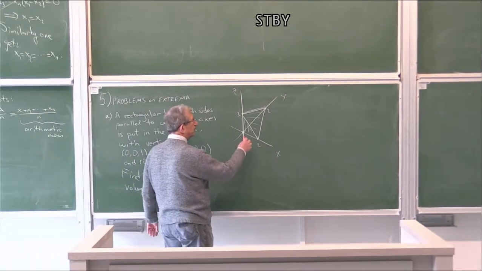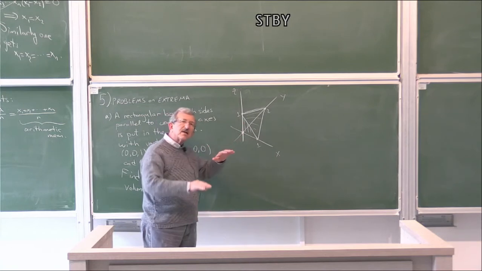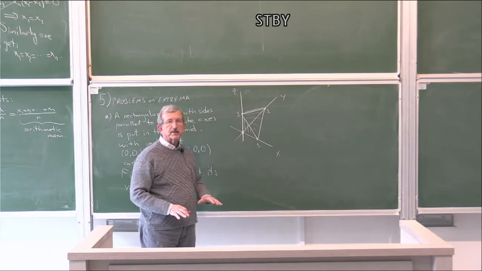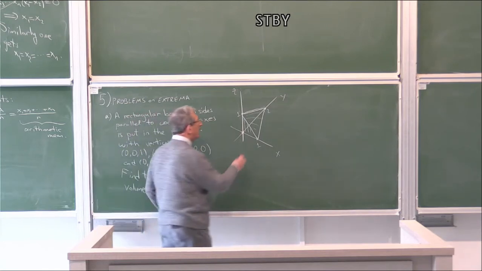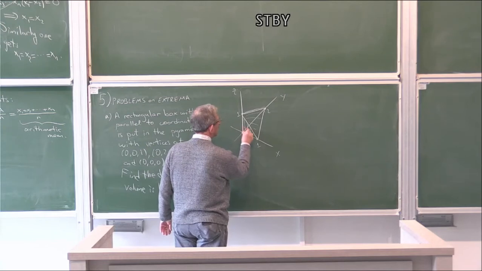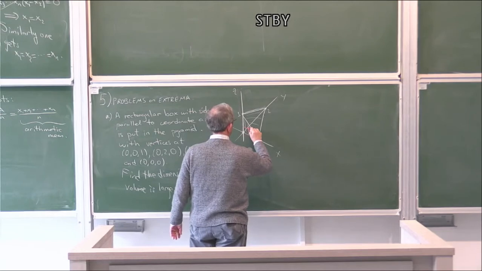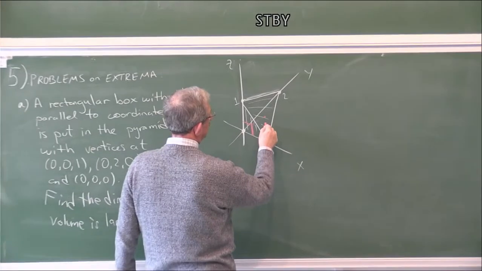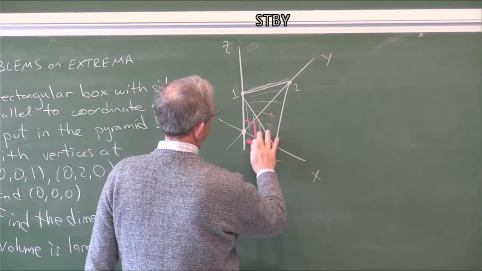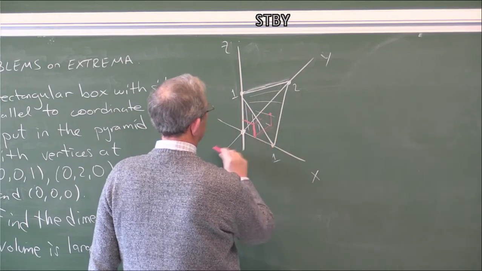Well, of course, if you just put a little box somewhere here, you can extend it until its sides touch the coordinate planes. So it's easy to convince yourselves that such a box must have the following picture. Well, they must be parallel, of course, and this is parallel, and so on.